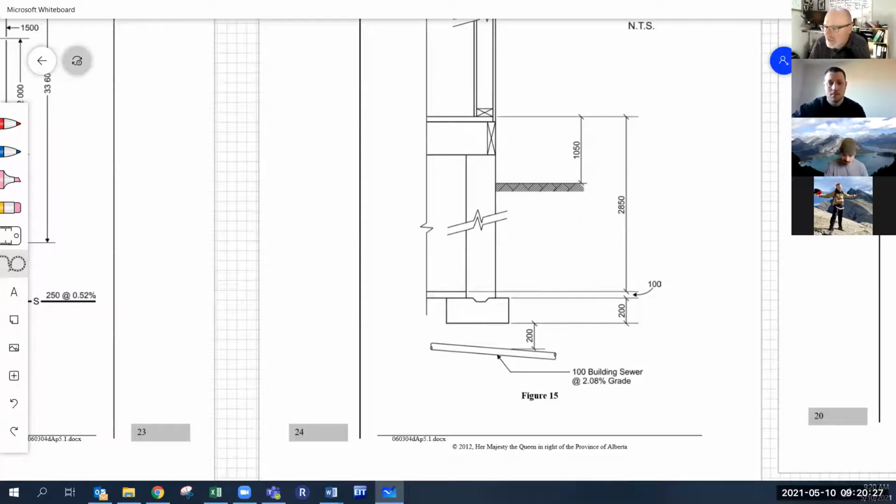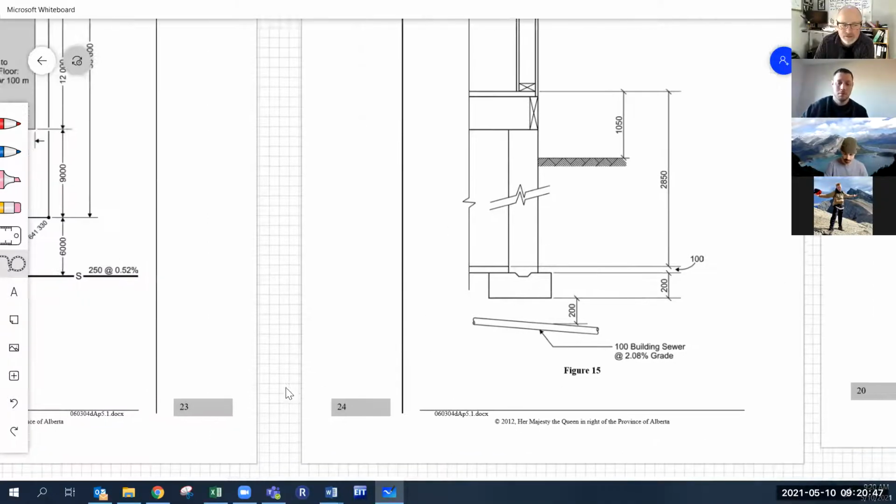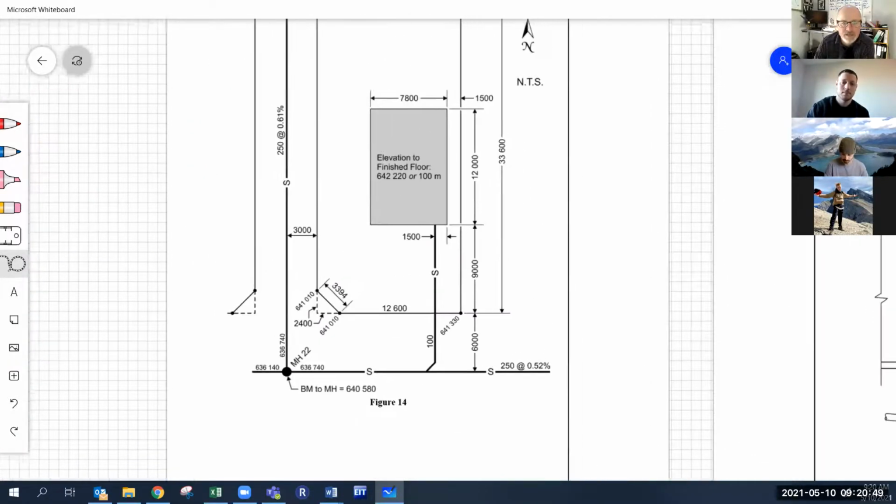Okay, the next question. What is the actual invert elevation of the sewer main where the building sewer connects to it? Okay, so we're going to go back to this picture.